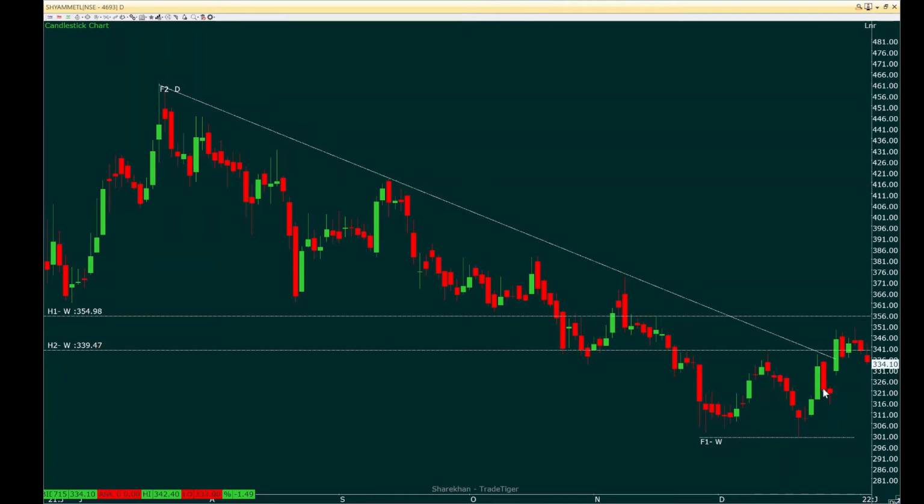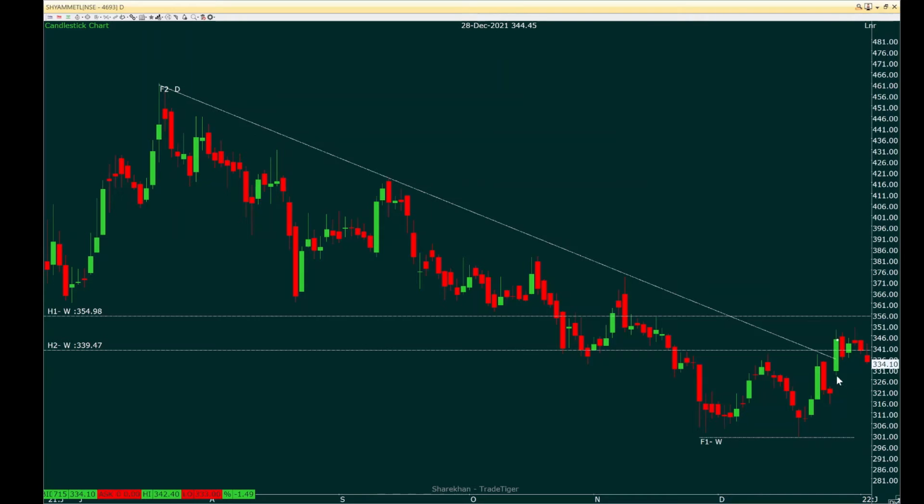Now, if you see in the structure, there is a level being created in terms of the double bottom. The double bottom is already formed, and it could lead to a higher move. So again, as in the last example we saw, there could be a higher high, higher low formation coming up.